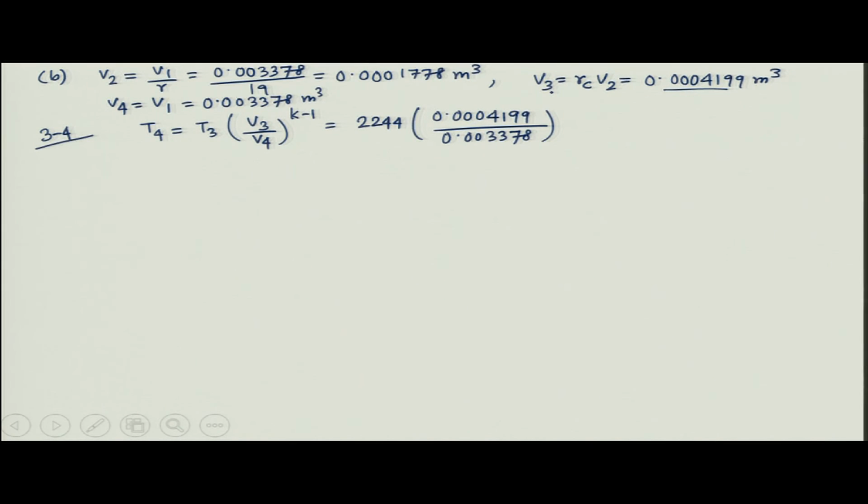And k we already wrote initially, that is 1.349 in this problem. From this we can find T4, and T4 is 1084 Kelvin.